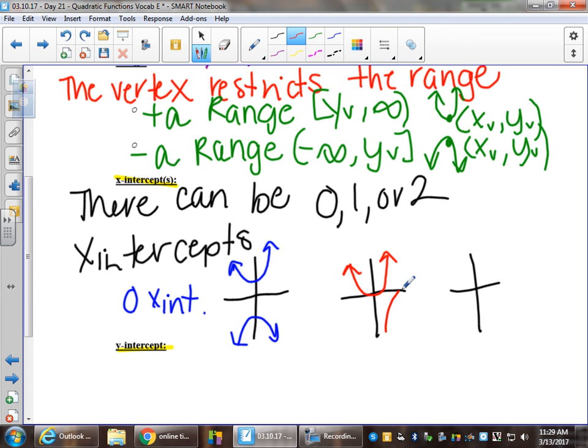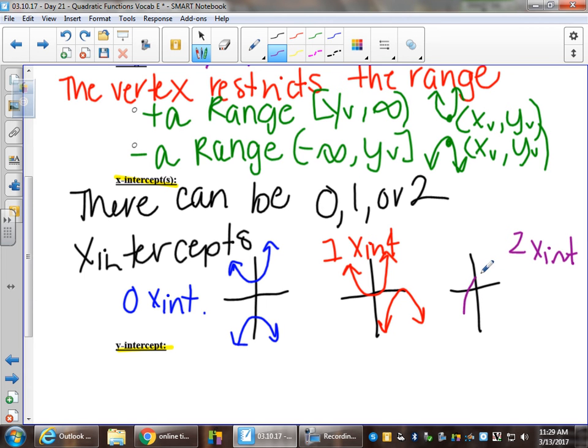So an example of that, or it hits the x-axis once. So there is 1 x-intercept. Now, when there's 2 x-intercepts, it's going to pass the x-axis twice.